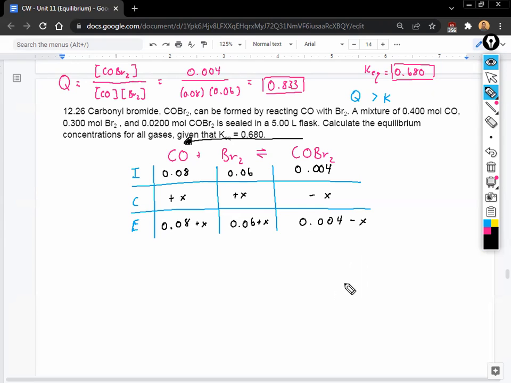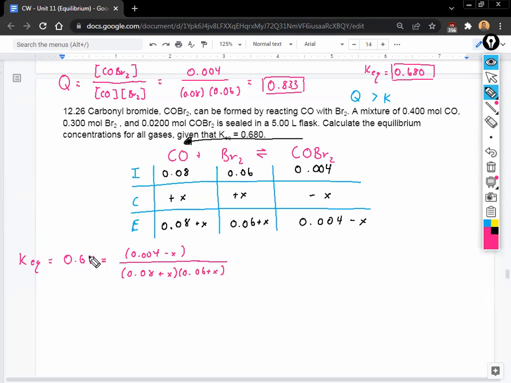All right, so far so good? All right, so what we're gonna do now is use the equilibrium constant equation. We know that it's 0.68, and that's gonna be equal to the concentration of the products, 0.004 minus x, divided by 0.08 plus x, 0.06 plus x.